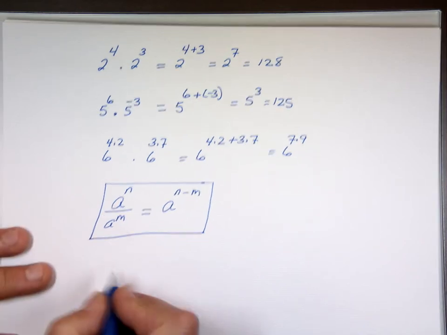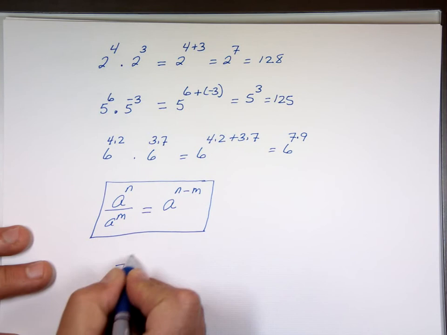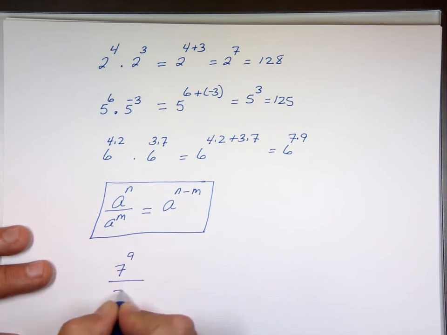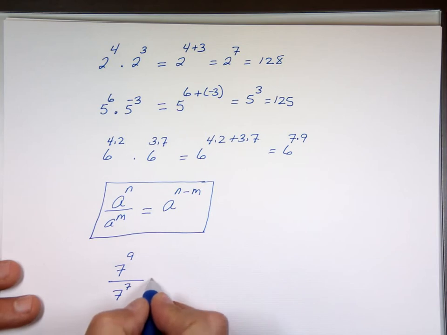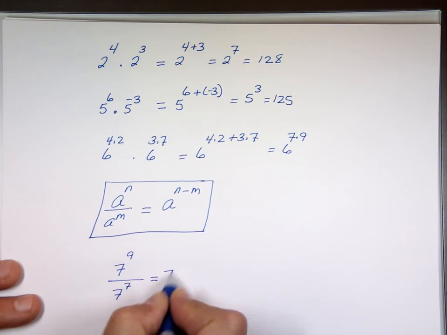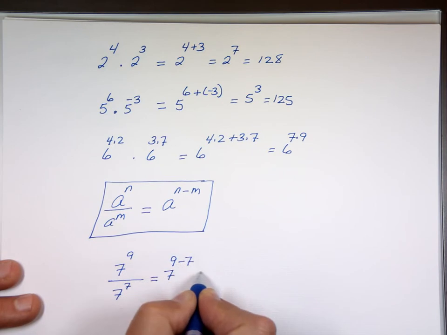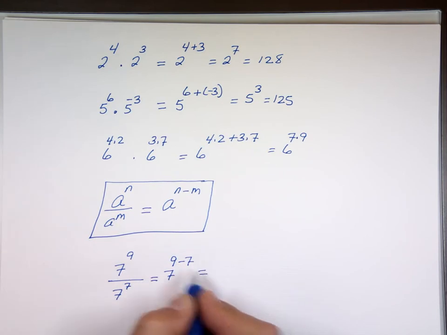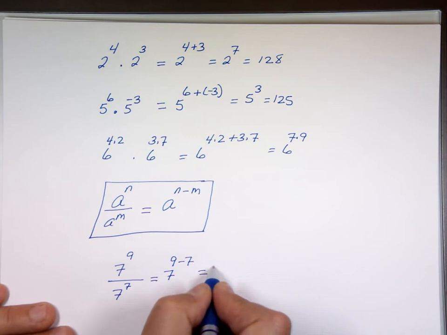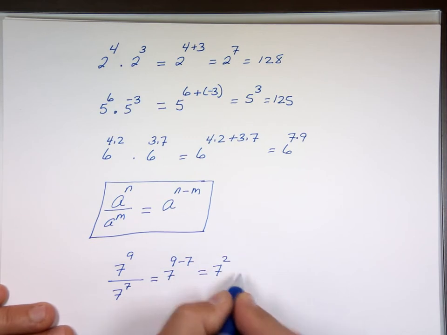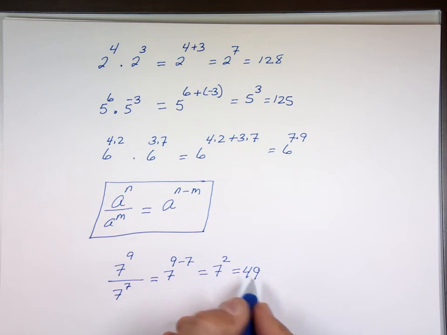So if I have 7 to the 9th over 7 to the 7, this will be 7 to the 9 minus 7. You're going to subtract the exponent. 9 minus 7 is what? Squared. And what's 7 squared? 49.